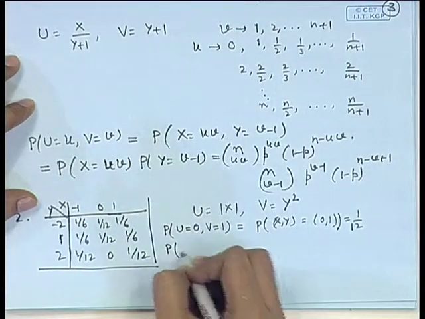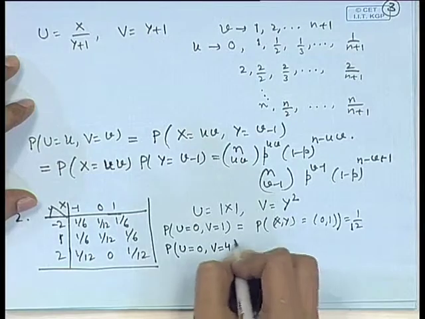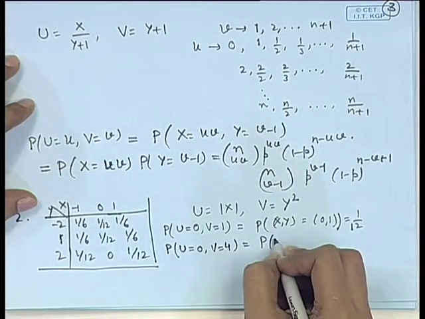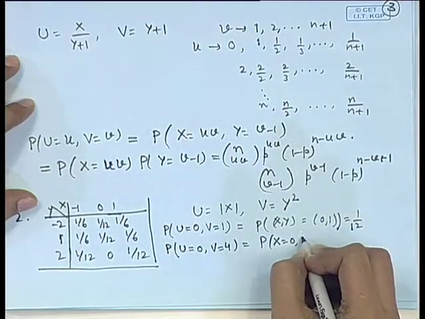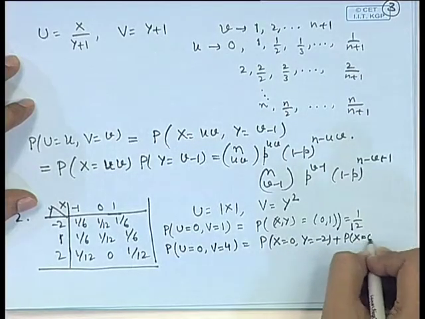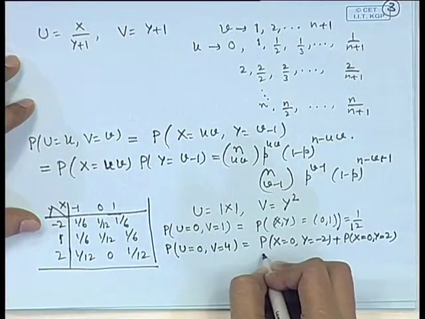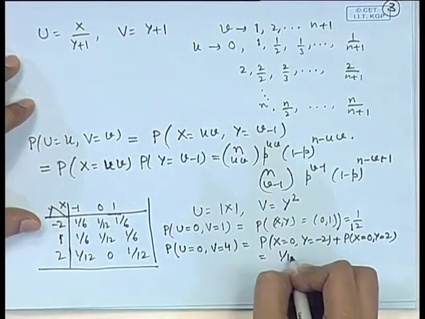If we look at the probability of u is equal to 0, v is equal to 4, it is the sum of probability x is equal to 0, y is equal to minus 2 plus probability x equal to 0, y is equal to plus 2. So, if we add these probabilities, we get 1 by 12.